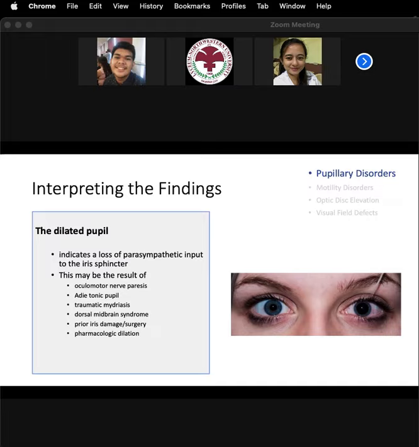So it dilates. Which pathway is involved? Constriction is parasympathetic, right? PC, personal computer, SD card, sympathetic, dilates. So with loss of parasympathetic, it dilates. Okay?